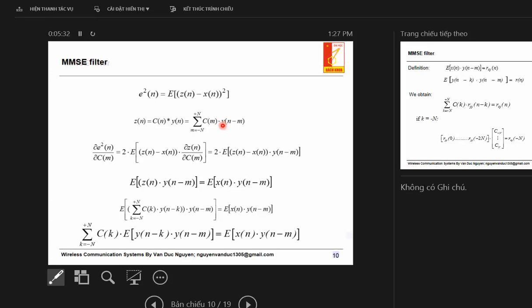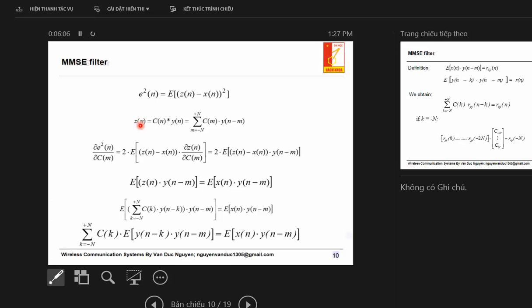Now we replace this form into the cost function, replacing z_n from the previous statement. Now we have a new cost function in terms of this term, and this term subtracted from this term.